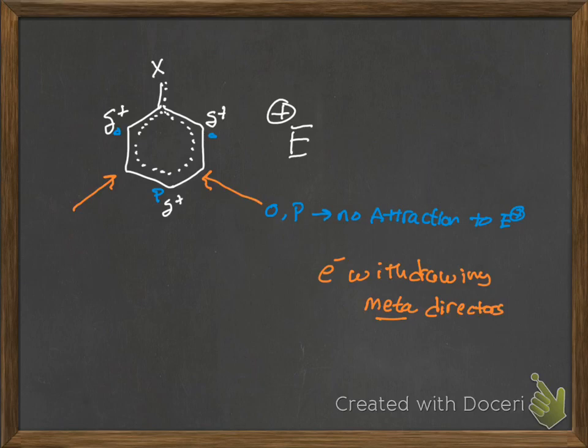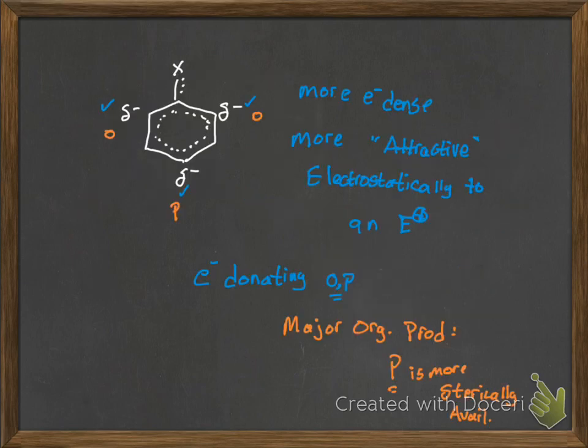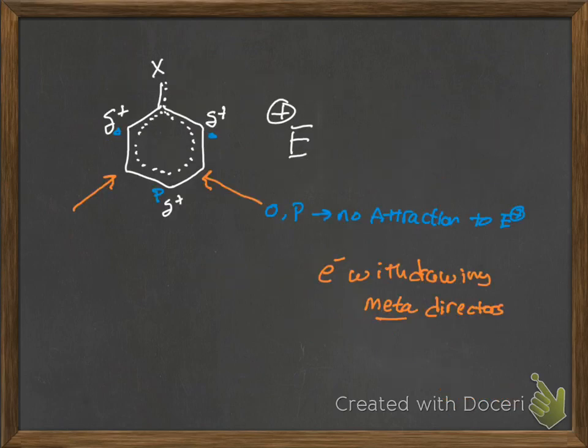So remember, electron donating makes the ortho and the para positions more electron dense and therefore more electrostatically attractive to the electrophile. The meta-directors tend to be electron withdrawing groups. Not that the meta is special, but the ortho and para sites just basically blow.